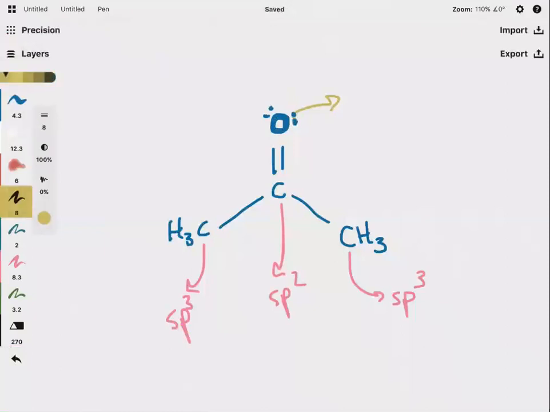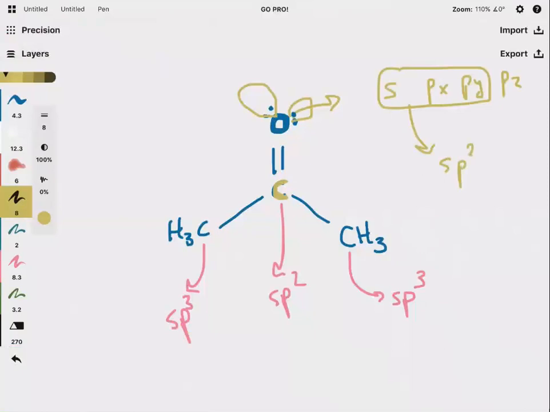It thinks that it's bonded to this carbon and that it's bonded to something else over here and something else over there. So the oxygen feels that it's bonded to three different things. And it has an S and three Ps to select from. So because it thinks it's bonded to three different things, it's going to pick three different orbitals, one S and two Ps. So the oxygen is going to be sp2.